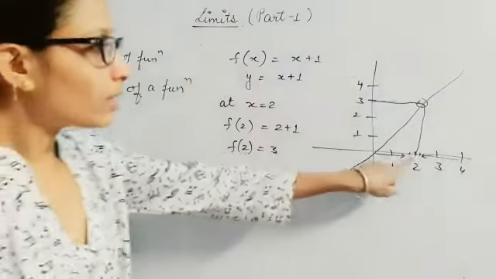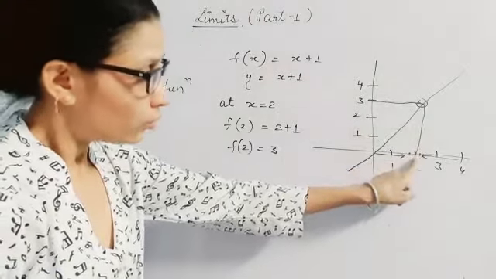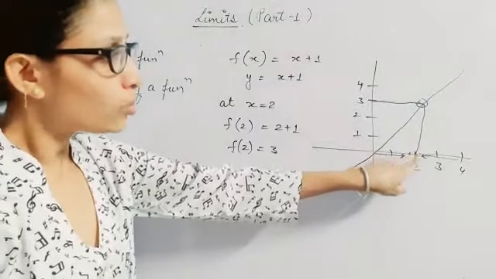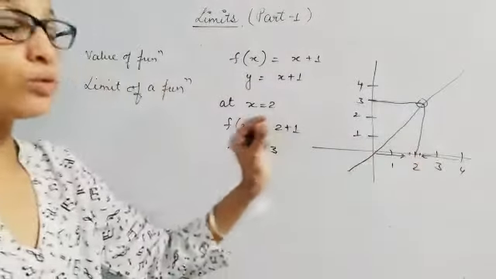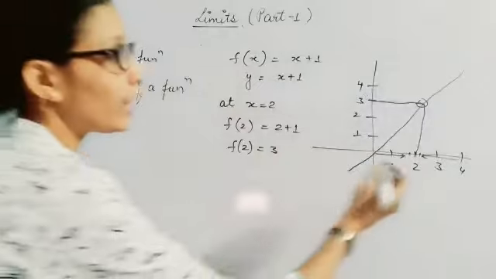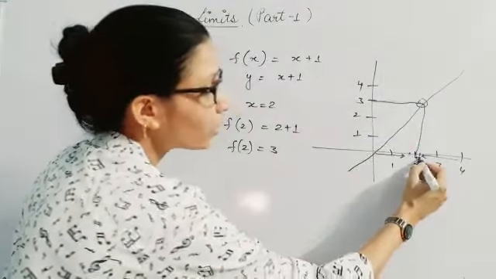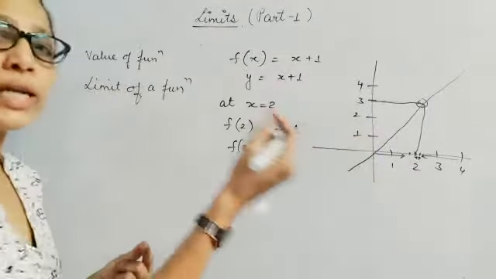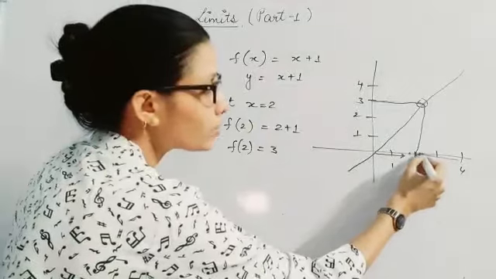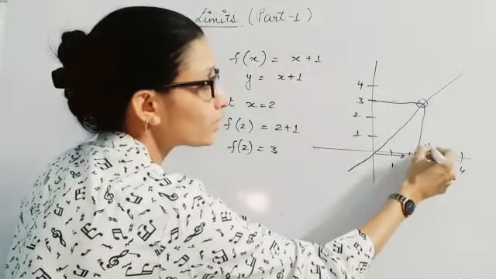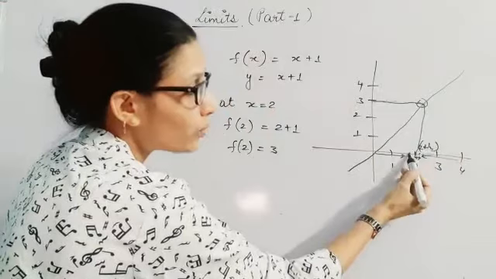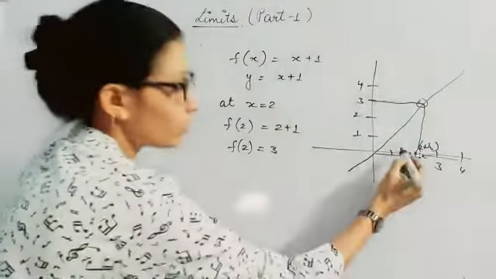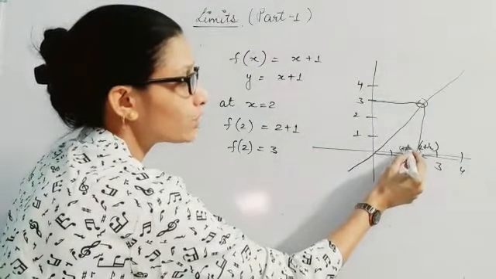Now you see, if you are moving just towards the right of 2, that means you are moving to a value just greater than 2, and for this nearest point I am just adding a small or negligible value to it. That means I am taking this point as 2 + h, and since this point is the nearest point towards the left of 2, obviously I am subtracting something from it.